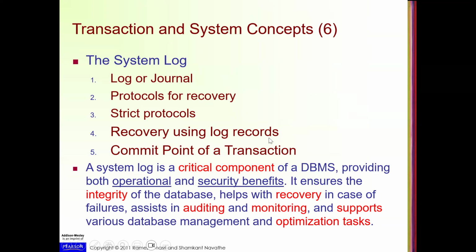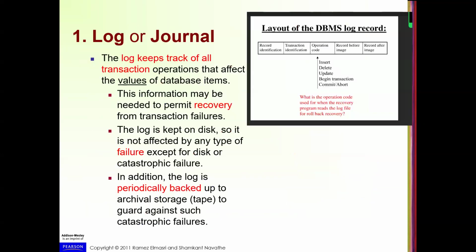It may use log records. It may also use the commit point of a transaction to perform recovery, monitoring, and supporting the optimization task. So, what are the five important parts of the system log? The five important parts include the log or journal, protocol for recovery, strict protocol, recovery using log records, and commit point of a transaction.